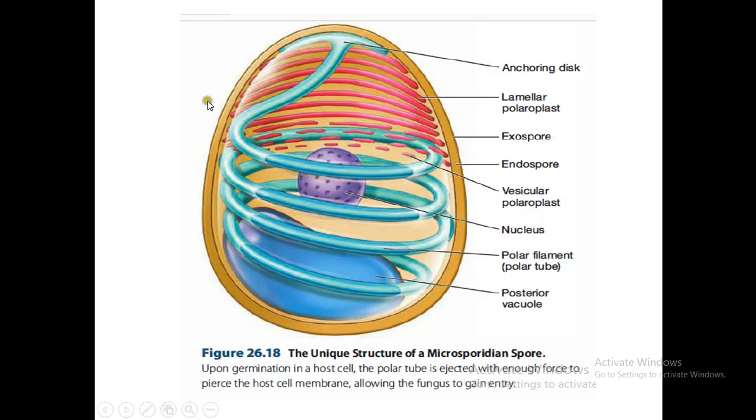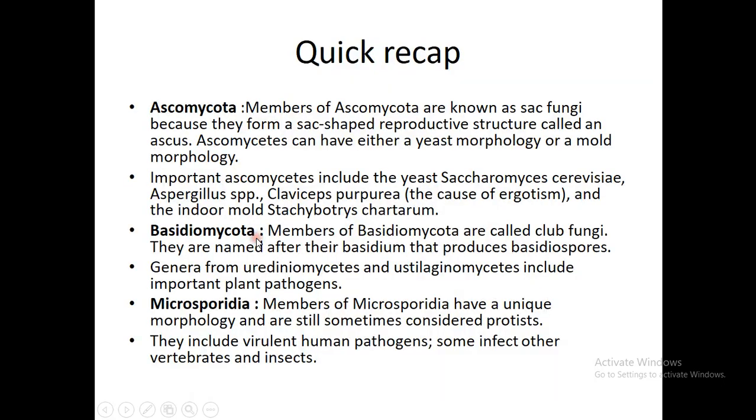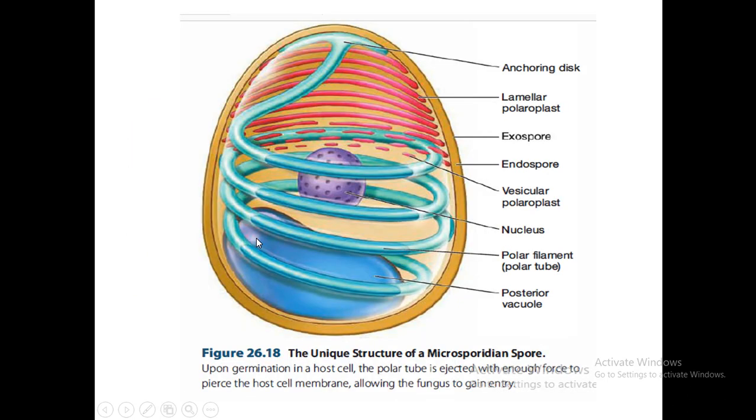This is the spore. It's an oblong type of spore, and as you can see here, it lacks mitochondria and other specialized organelles. However, it contains a nucleus, and this is the polar tube. It's very specific, very distinct, and from this we can easily identify that any infection is caused by microsporidia.